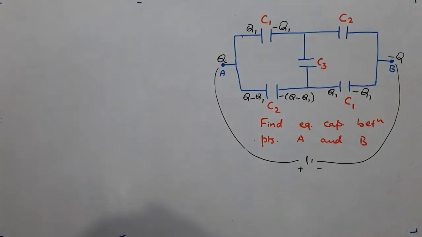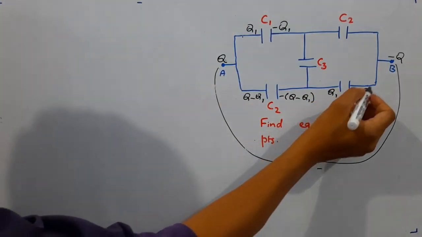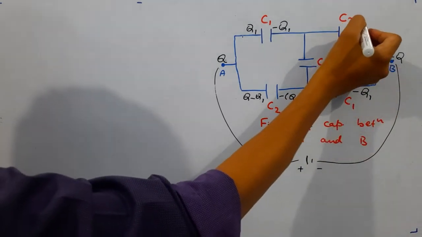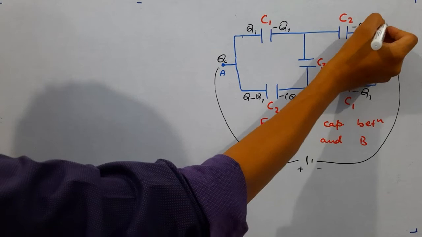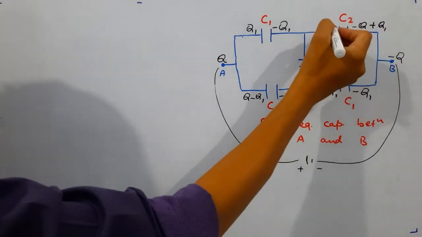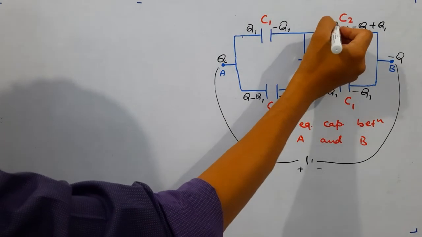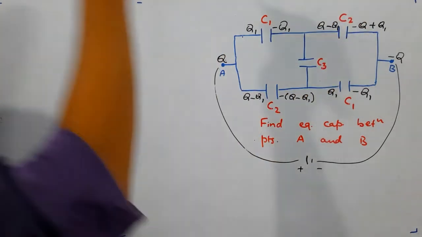If it is so, what should be the charge on the other plate? It will be simply minus Q minus minus Q1, that is minus Q plus Q1. And therefore its other plate will have charge Q minus Q1.